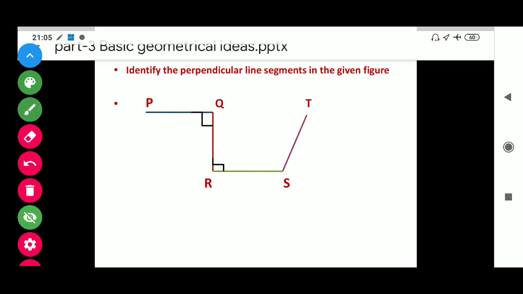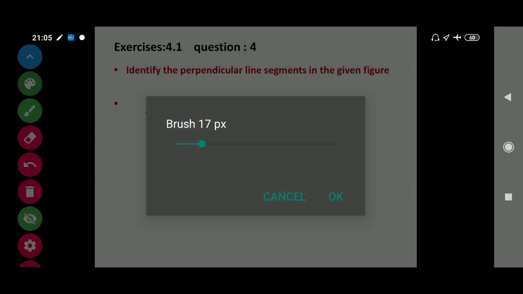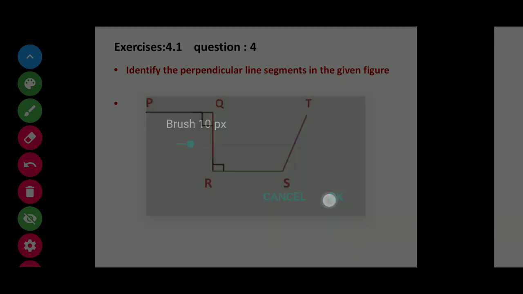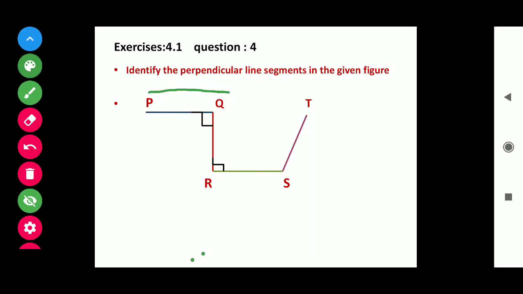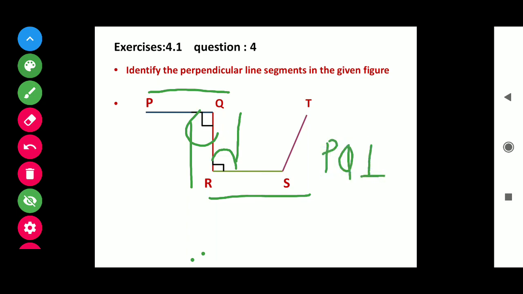So here you can see that the line segments PQ and QR have a 90-degree angle, and then QR and RS both have a 90-degree angle. So we can say that PQ is perpendicular to QR, as well as QR is perpendicular to RS.